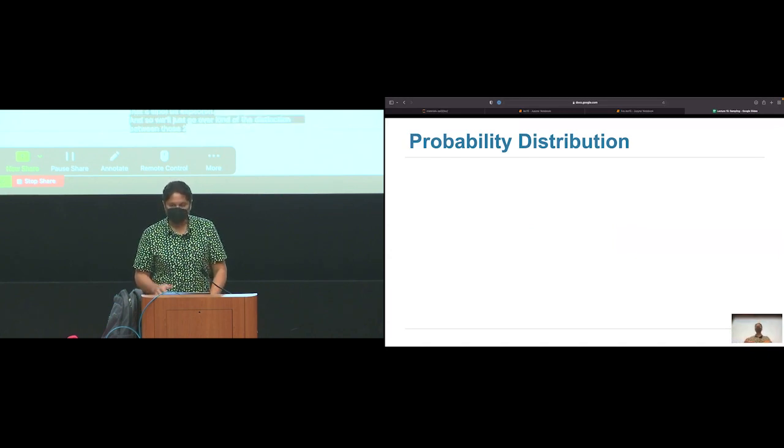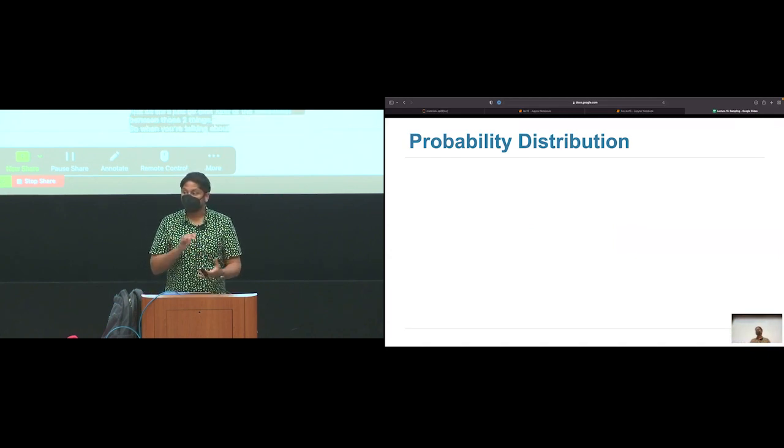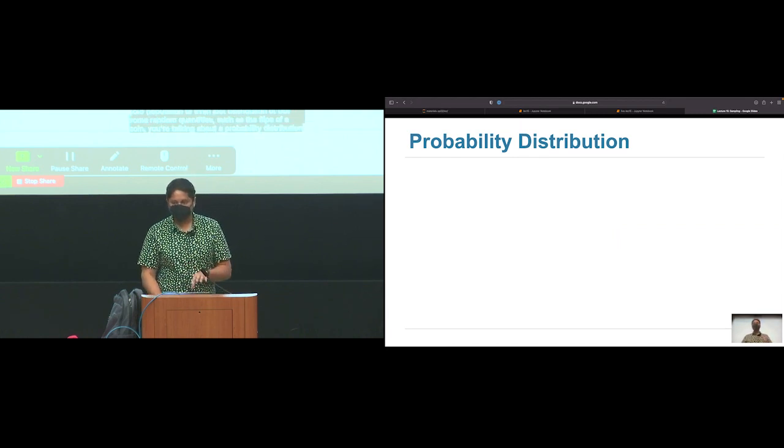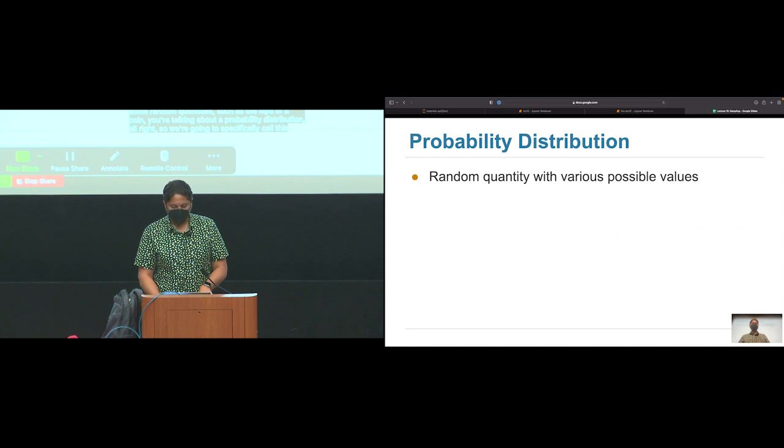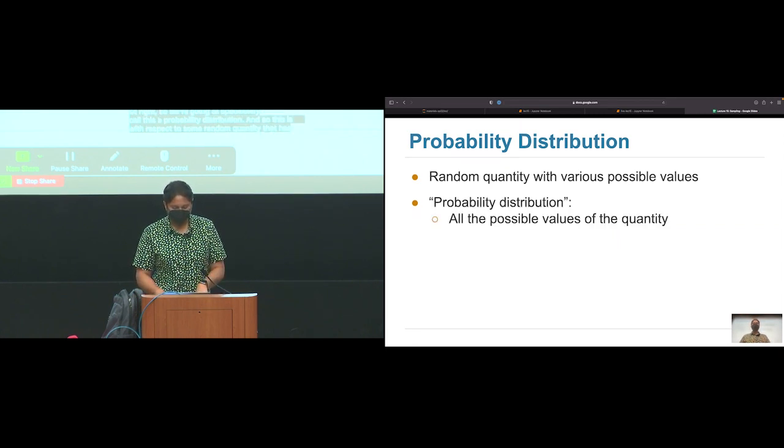When you're talking about the distribution of your population, or even just the distribution of some random quantity, such as the flips of a coin, you're talking about a probability distribution. We're going to specifically call this a probability distribution. This is with respect to some random quantity that has various possible values. The way we define it sounds similar, but it's a little bit different.